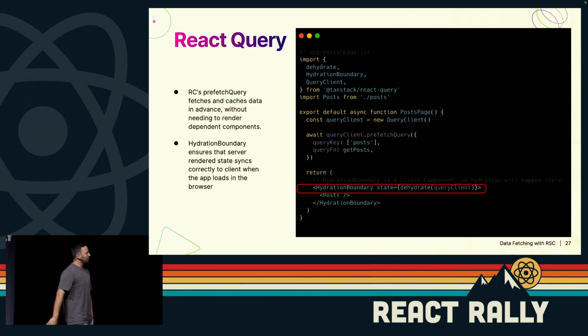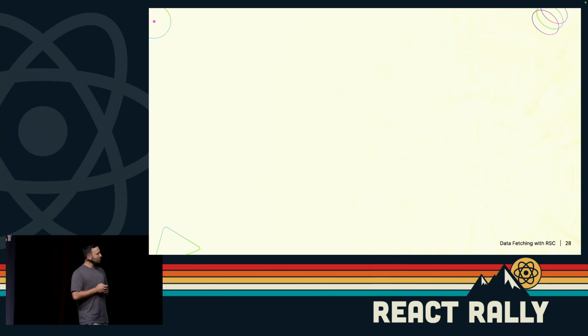You'll notice down at the bottom, unique to React Query, in order to get all the context and the queries to work behind the scenes, you've got to wrap your components with this hydration boundary. And this is going to make sure that server rendered state syncs correctly with the client when the app loads. So go check out the documentation on how to get that up and running. It's actually only a one-pager. So it's pretty easy to use React Query to do the data fetching on your server components.